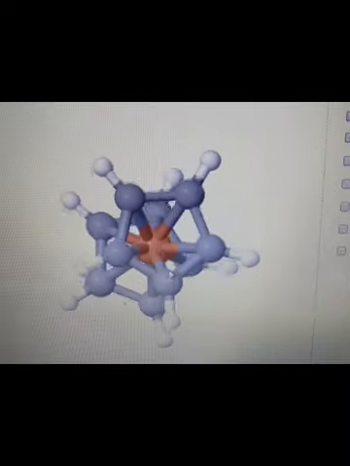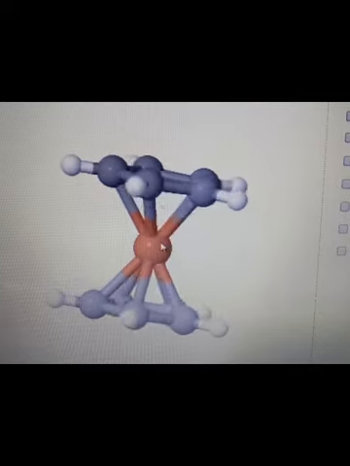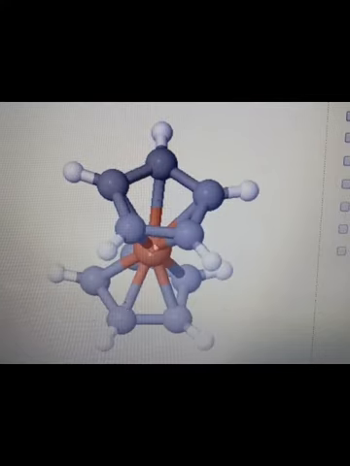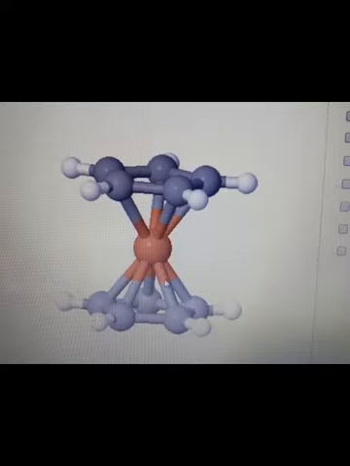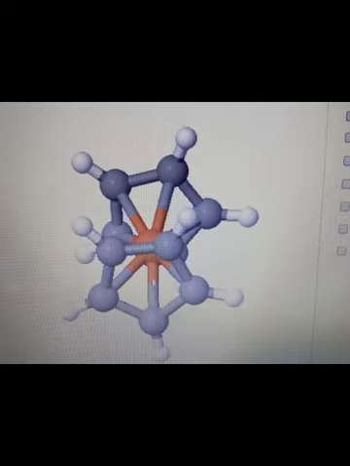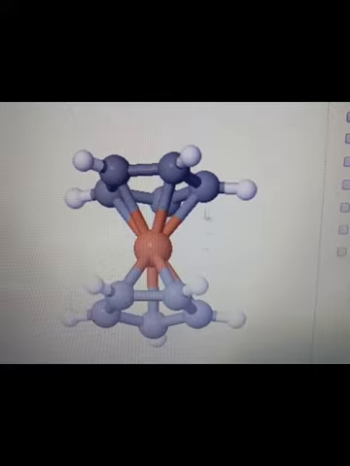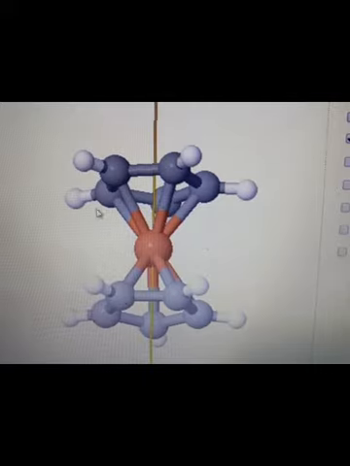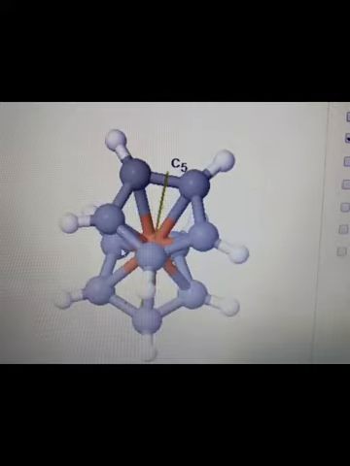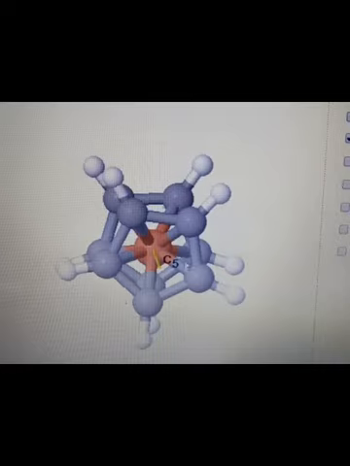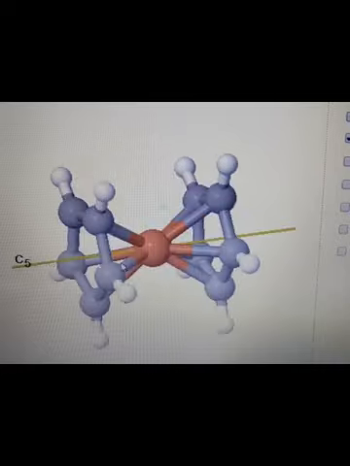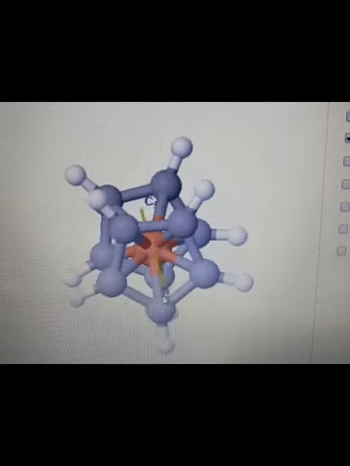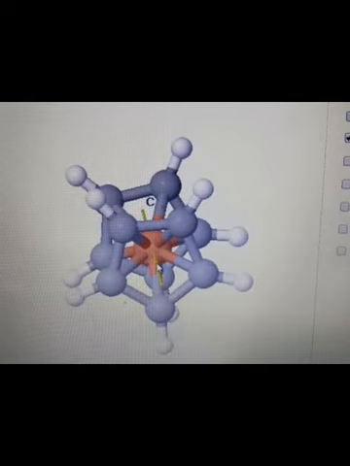Now in this molecule it has a C5 principal rotational axis of symmetry, and that axis is passing through the center of the cyclopentadienyl ring, the iron, and the center of the cyclopentadienyl ring present at the bottom. Let us see how the C5 is passing. So this is how the C5 is passing, that is, from the center of the ring through the iron to the opposite side, the second ring.